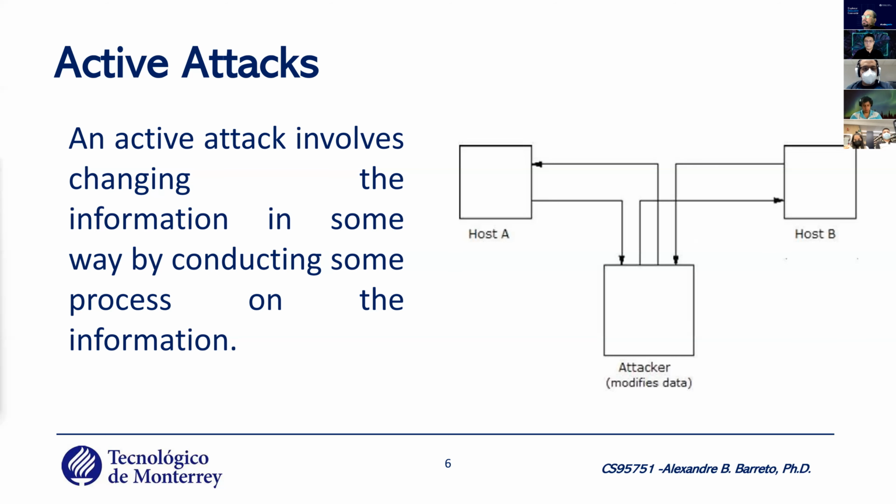To protect against active attacks, where an attacker modifies the data, you can use cryptography to sign the message. You can generate a very small piece of data like a hash, and you attach it to the message, and host B, when receiving the message, can check if the message was modified or not.